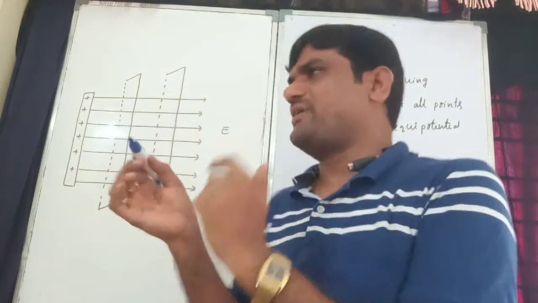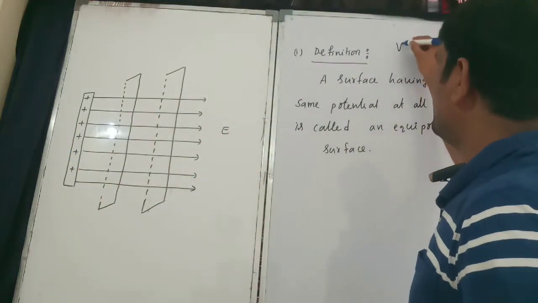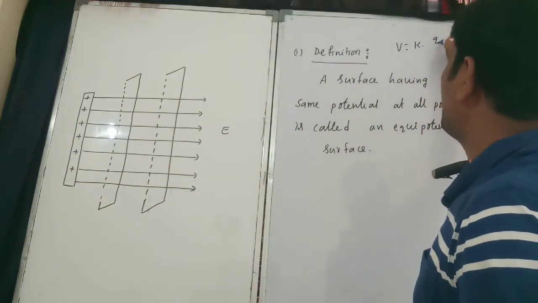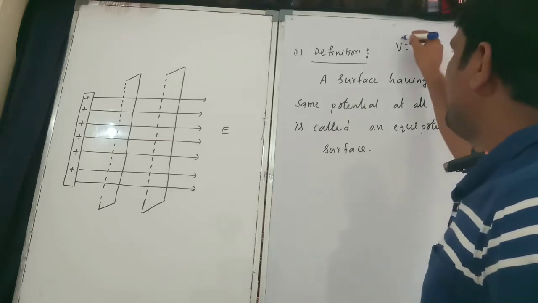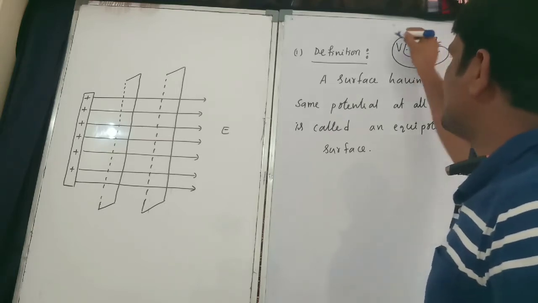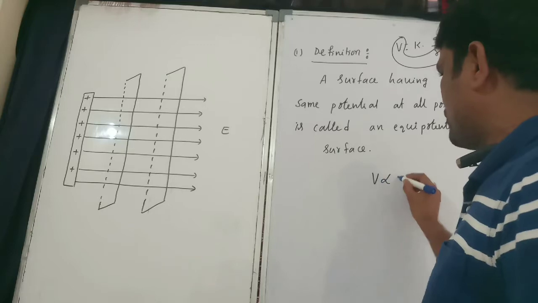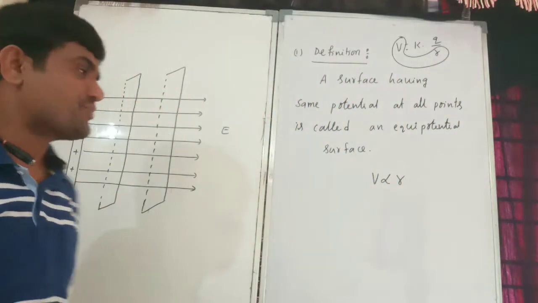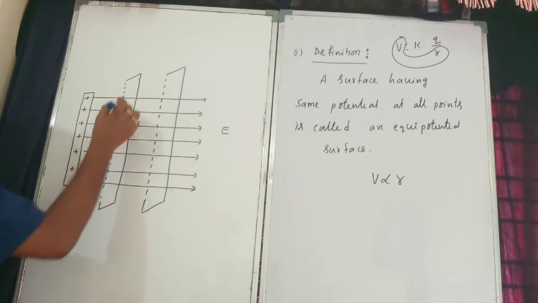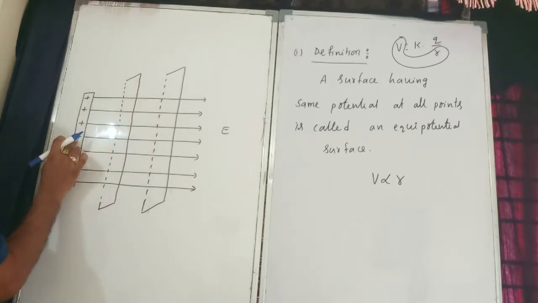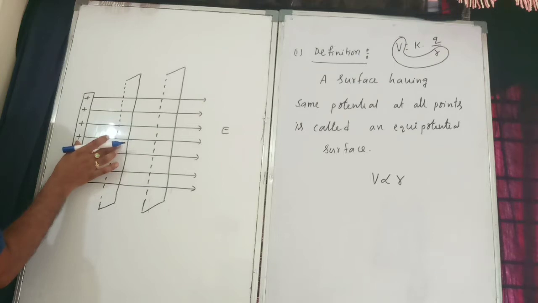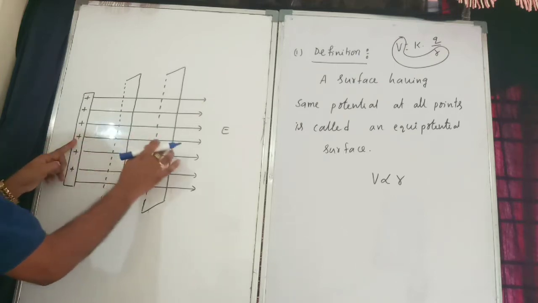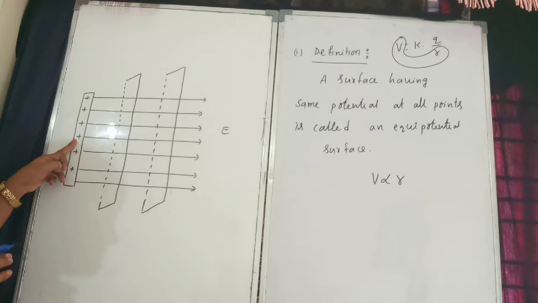Yesterday I gave the formula: V equals K times Q by R. That means V is inversely proportional to distance. From here to here, more potential will be there, and again from here to here, less potential.